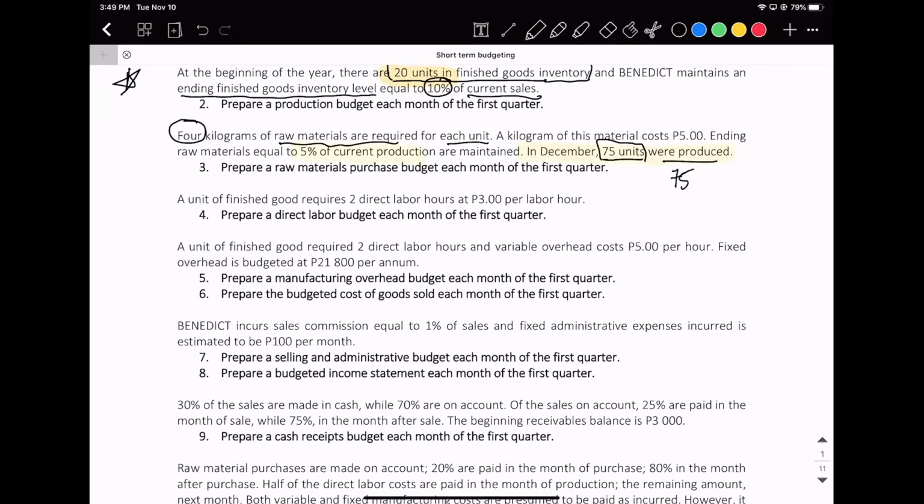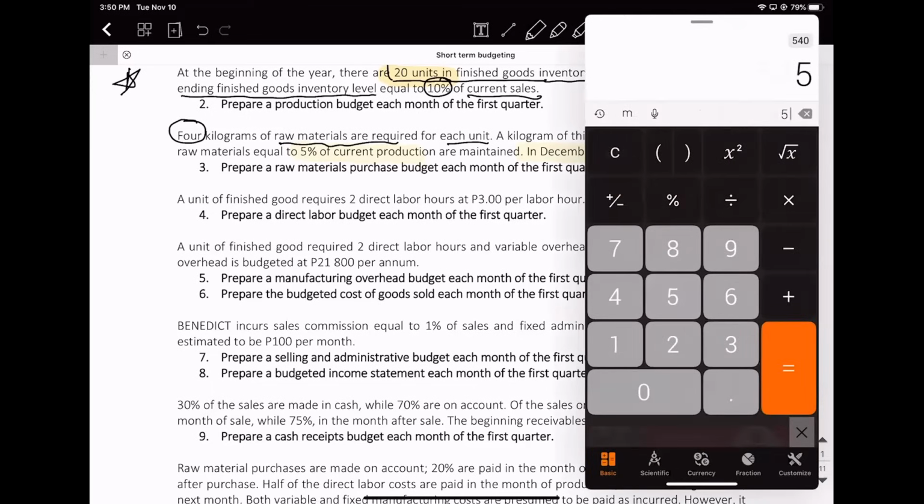Ang 75 times 5% na ba kagad? Hindi. Kasi raw material, sa units to eh. Finished goods yan. So ang gagawin dyan, 75 multiply by 4 muna. 75 times 4, this is 300. Then, multiply ng 5%.